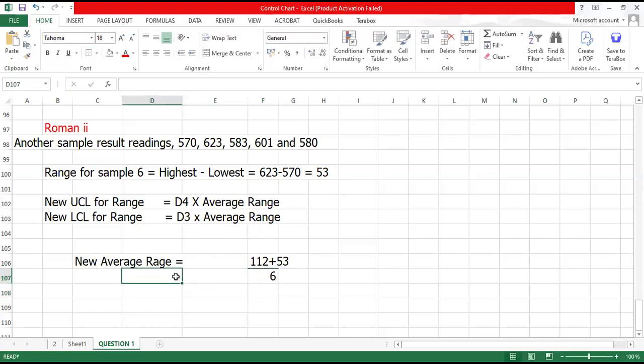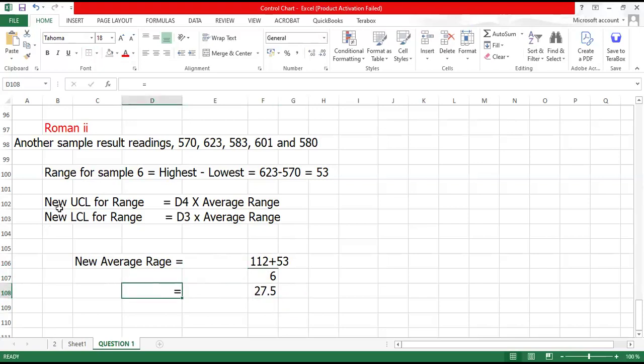What do you get? You get 27.5. That is your average.